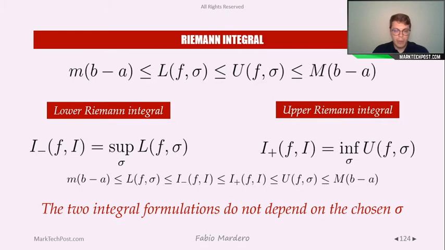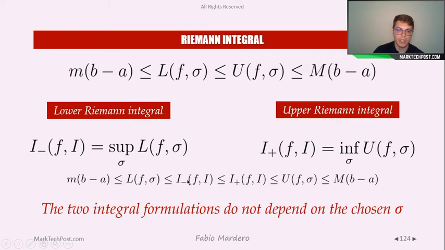Another step ahead is to compute the supremum of this lower Riemann sum and to take the infimum of the upper Riemann sum. Each of these computations leads us to the lower Riemann integral and the upper Riemann integral.